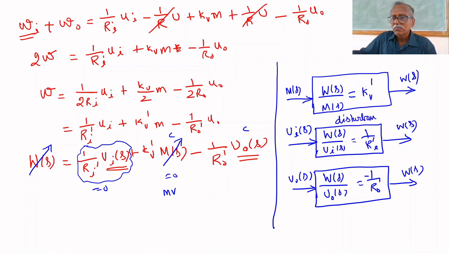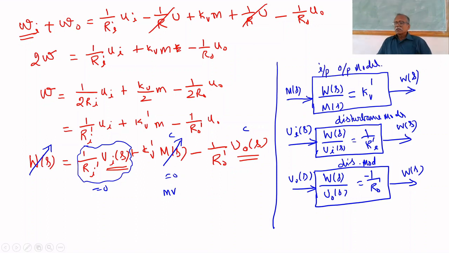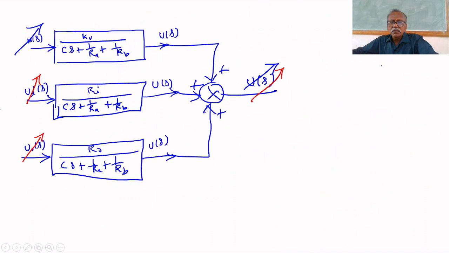This is also a disturbance model. This is called the input-output model. In the pressure process also we have seen this is the input-output model.